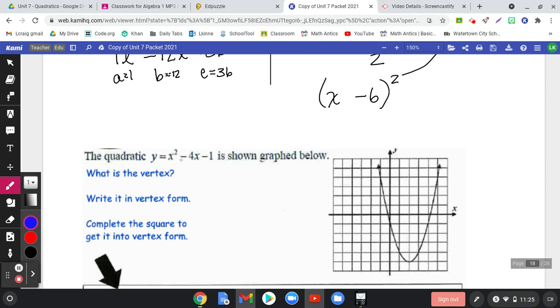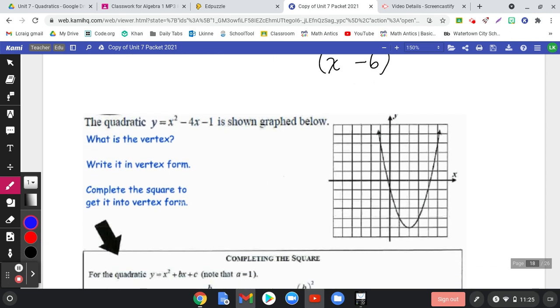All right, so here's our quadratic equation. It says, what's the vertex? Well, it's graphed, so we'll just look right here. It's the point 2, negative 5. Okay? Now, if I wanted to write it in vertex form, it's going to look like this. Remember, this goes with your x in parentheses.